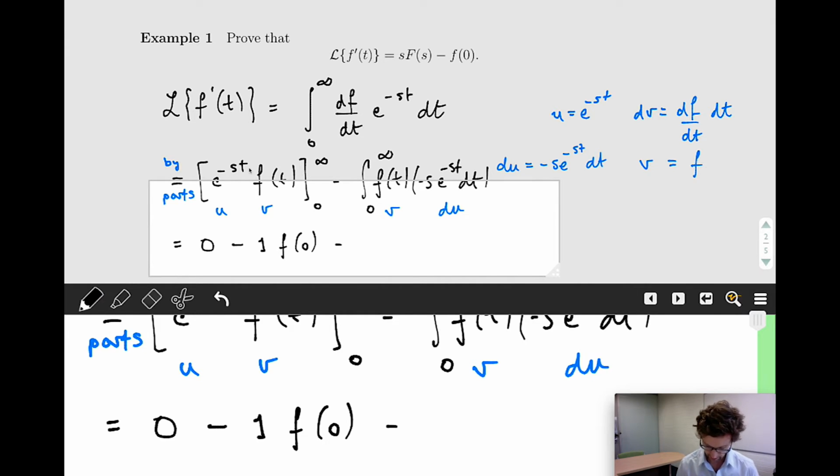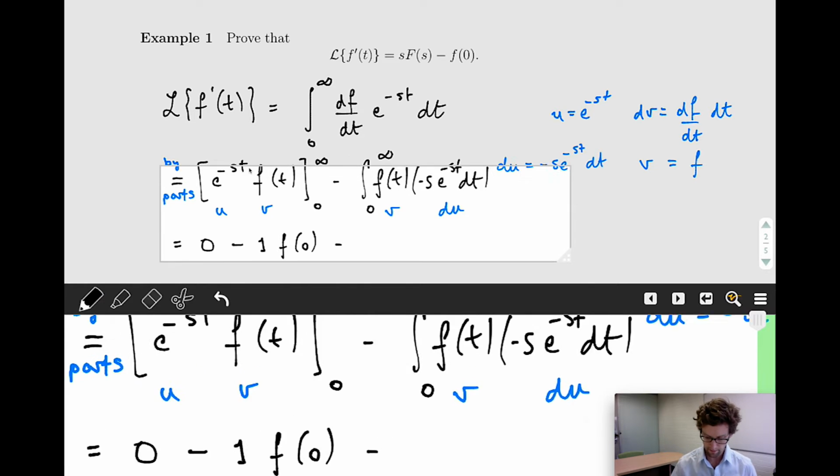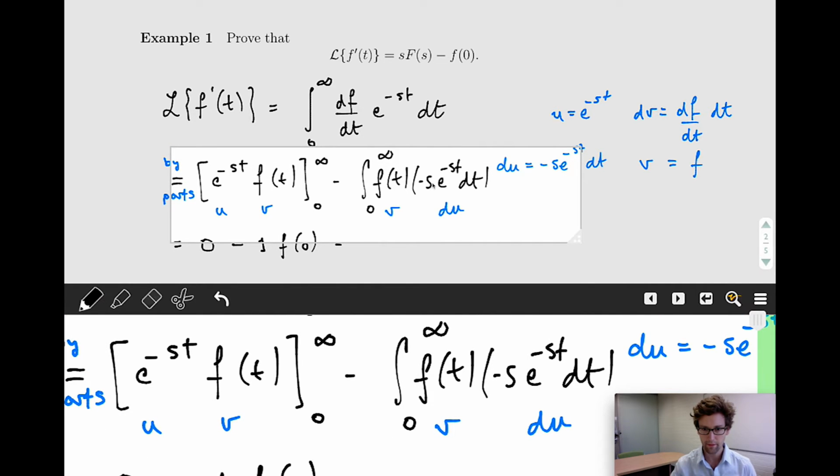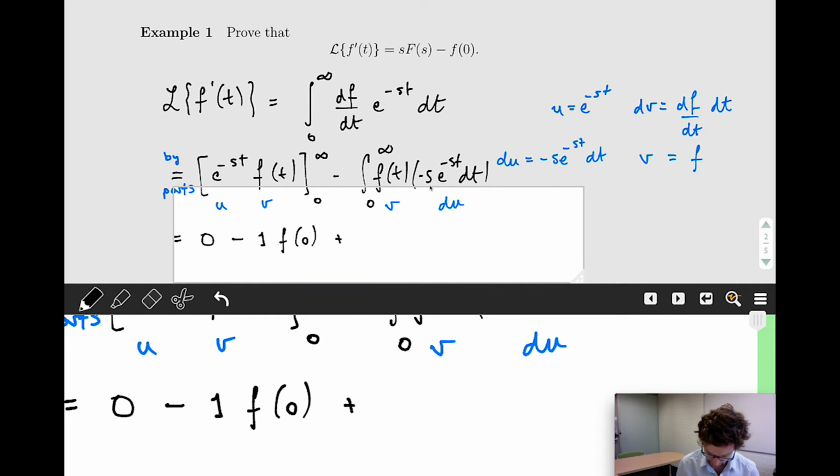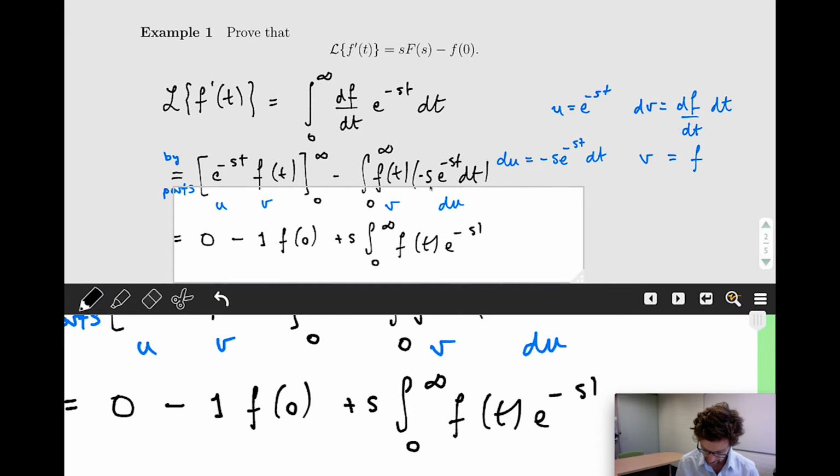Let's take a look at our integral. You can see I've got a minus s here, and that minus s is inside an integral over t, so it's treated like a constant and it can be taken outside. So that's going to become plus s times the integral from 0 to infinity of f of t e to the minus st dt.